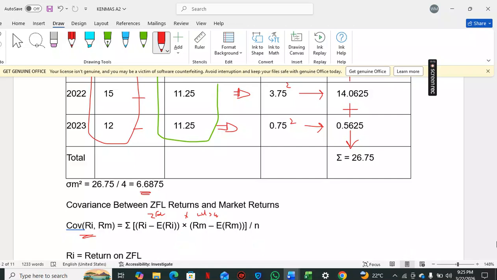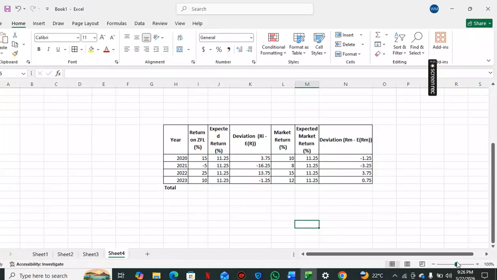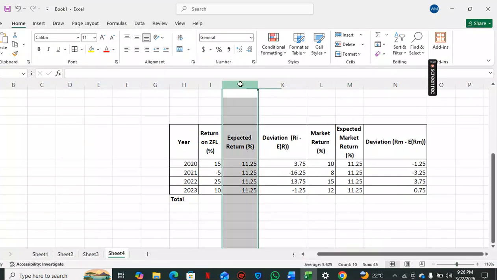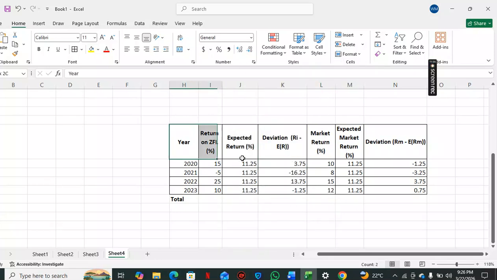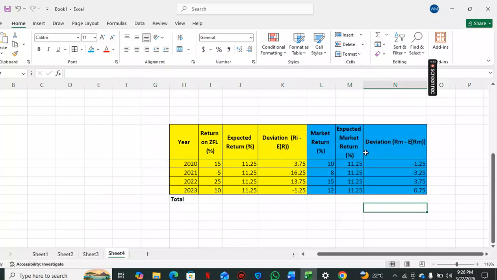So let me show you on a table. This here is for Zambezi Farms Limited, and this is for the Lusaka Securities Exchange.